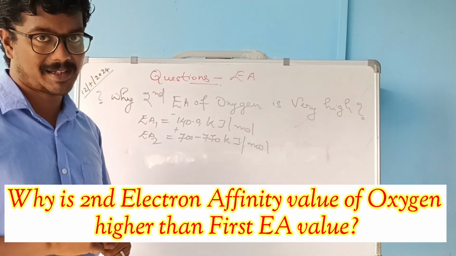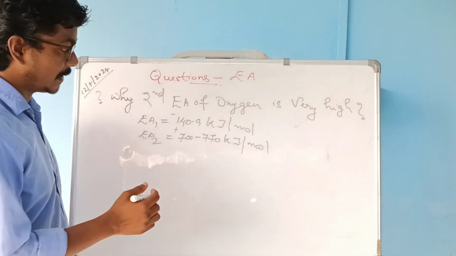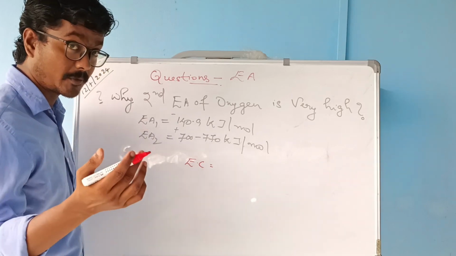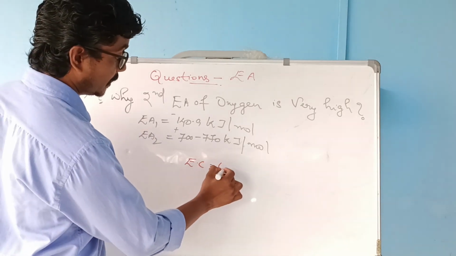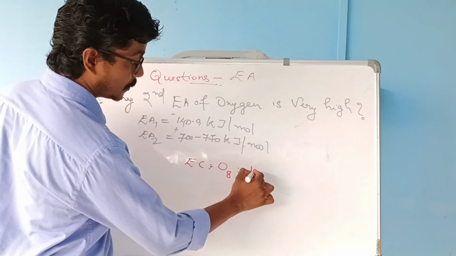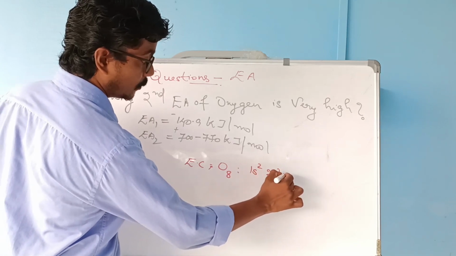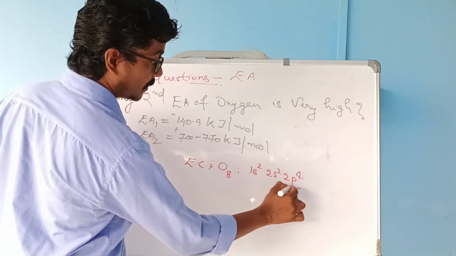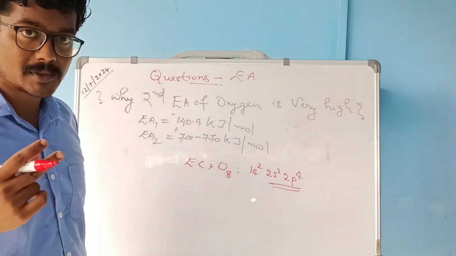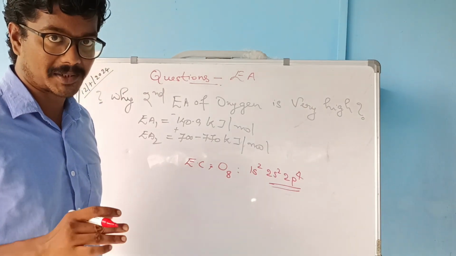Let's discuss. So you all know that the electronic configuration of oxygen is O8, 1s2, 2s2, 2p4, right? So it will require two more electrons to complete the noble gas configuration, right?